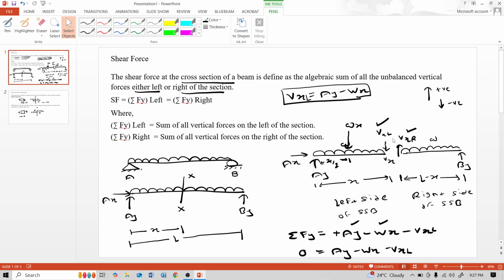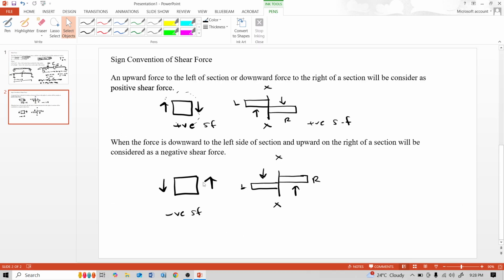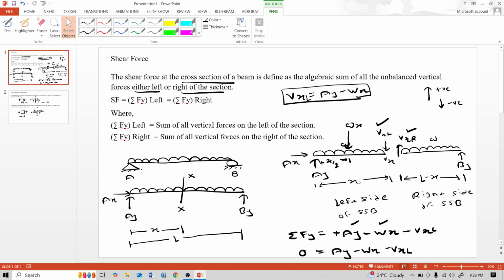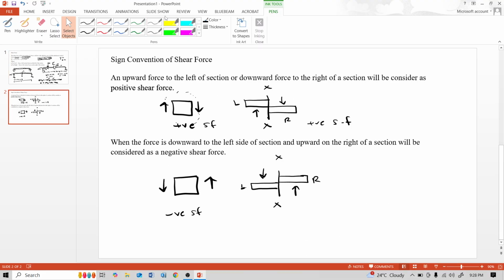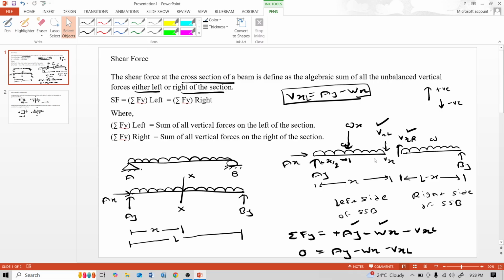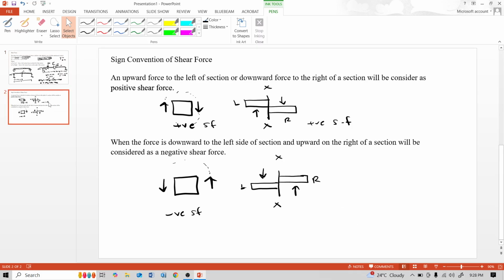In section xx, the left side shear force is downward and the right side shear force is upward. That means we take here negative shear force. Remember, this is anti-clockwise, it means negative shear force. And when the force is downward to the left of the section or upward to the right of the section, it will be considered as negative shear force.